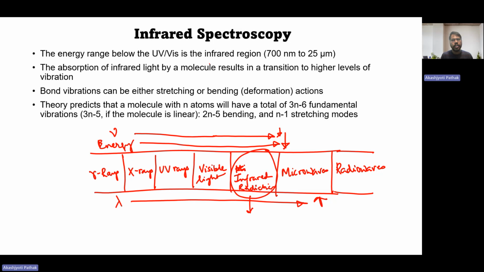So the energy range below the UV-vis is the infrared region. We know that visible light runs from 400 nanometers to 700 nanometers. Above the 700 nanometer wavelength comes the infrared radiation.